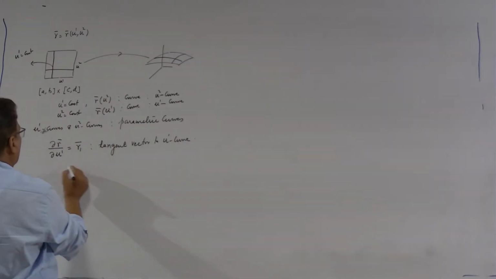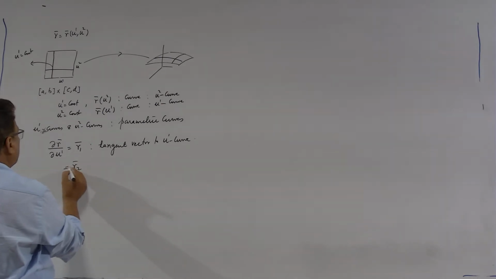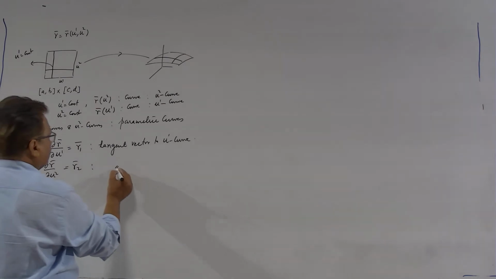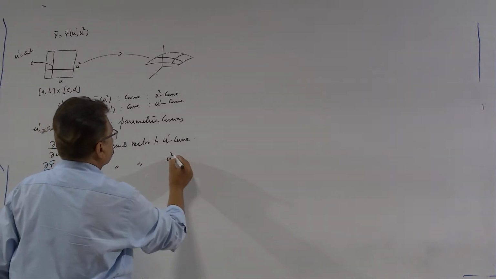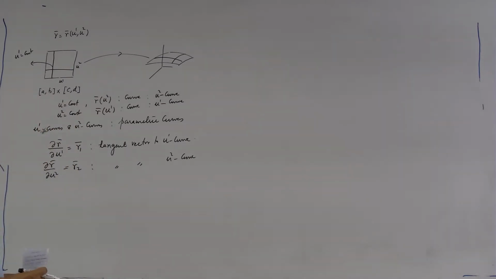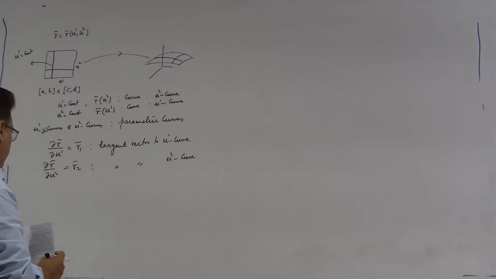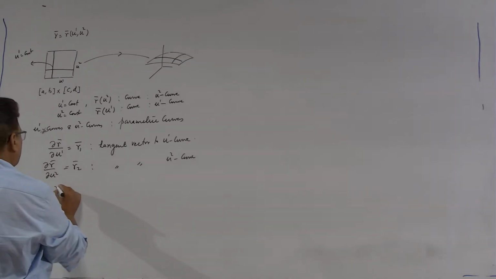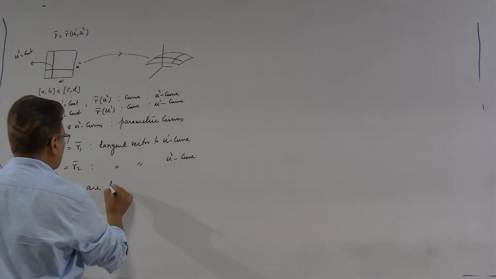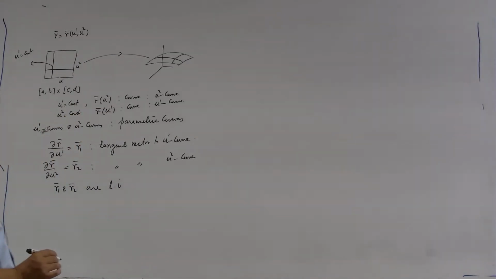Similarly, r2, which is del r over del u2, is a tangent vector to the u2 curve. Since u1 and u2 are two independent variables, we expect r1 and r2 to be linearly independent vectors over the surface. This we can easily realize.